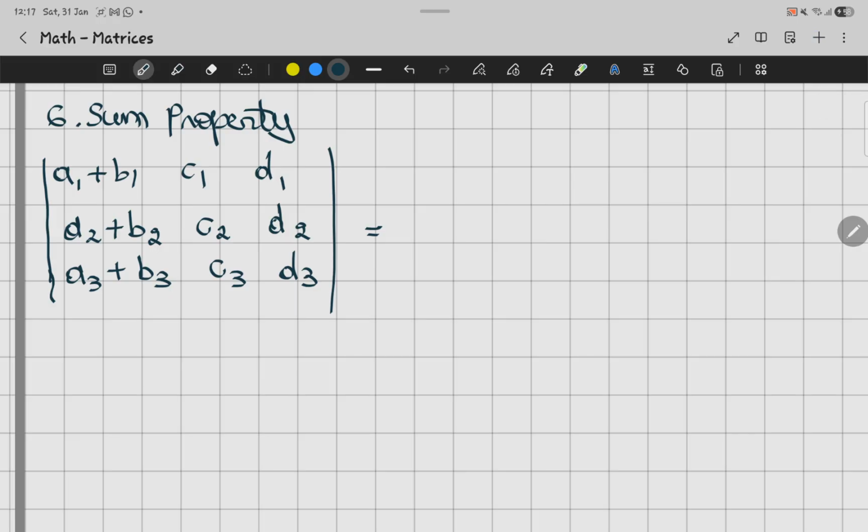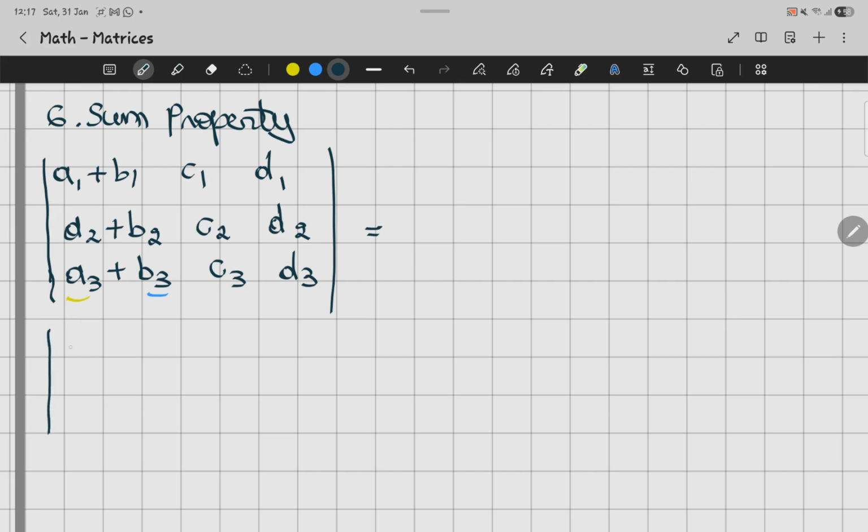Okay, this is another property that you're going to see, and what you can notice, this is what we have. We need to figure out a way to separate them. We're going to apply the sum property.